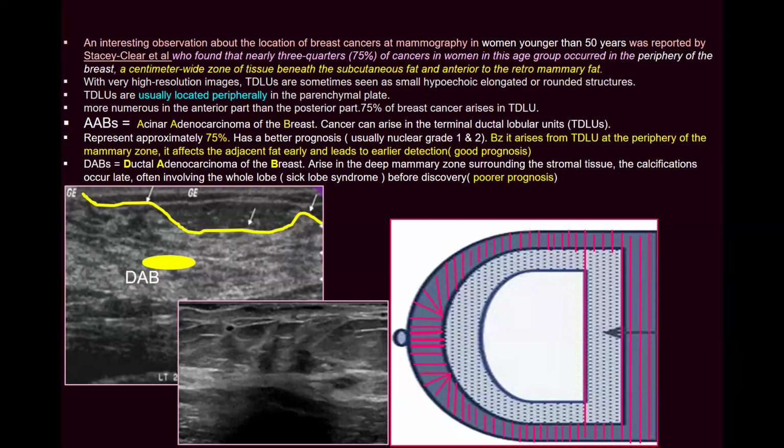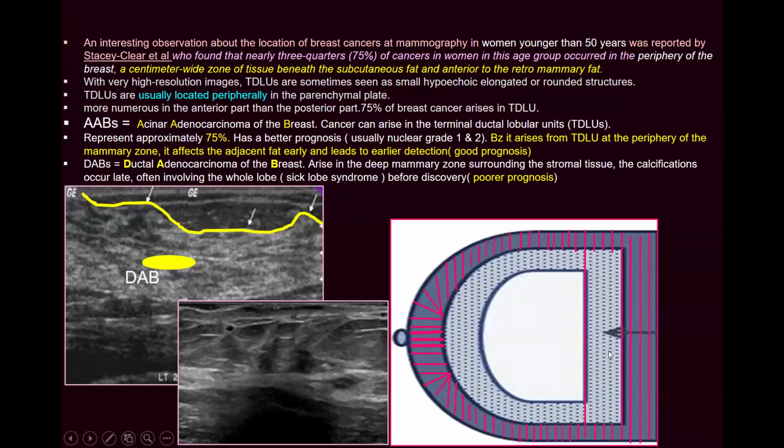They did not mention why. But when I found that 75% of breast cancer arises from TDLUs, and the majority of TDLUs are at the periphery of the mammary zone, I joined the information together. That is the explanation for the premenopausal woman, that most of the cancer arises here.